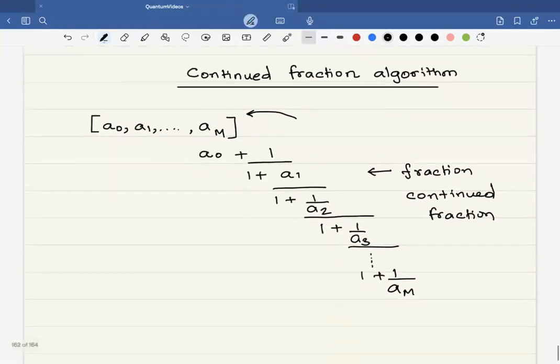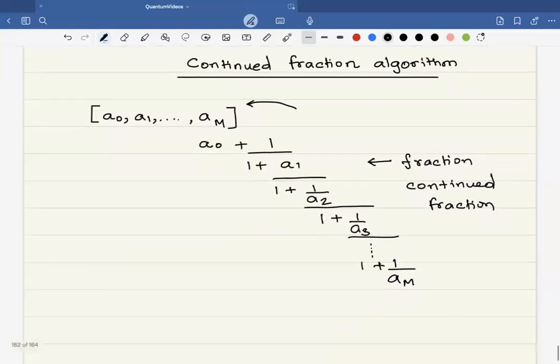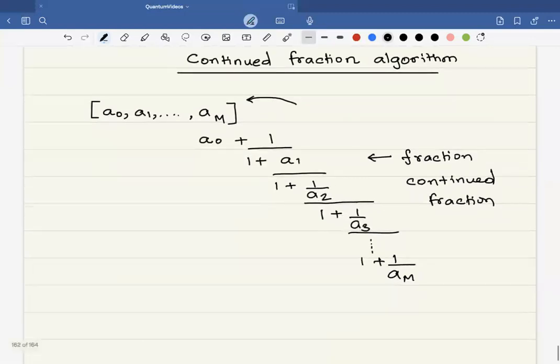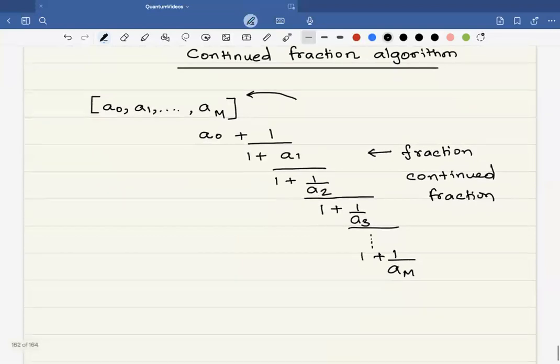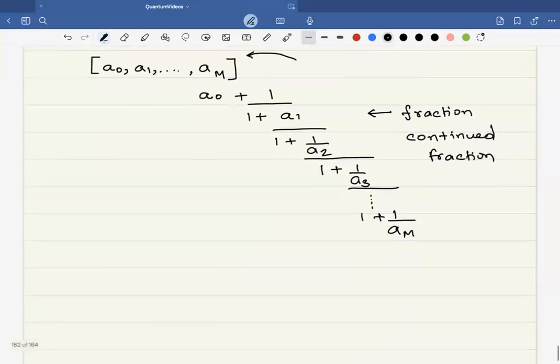Any real number can be approximated by a continued fraction, and for any rational number, we can see that there is a continued fraction algorithm that terminates. Okay, so let's take an example of a fraction, let's say 31 over 13.